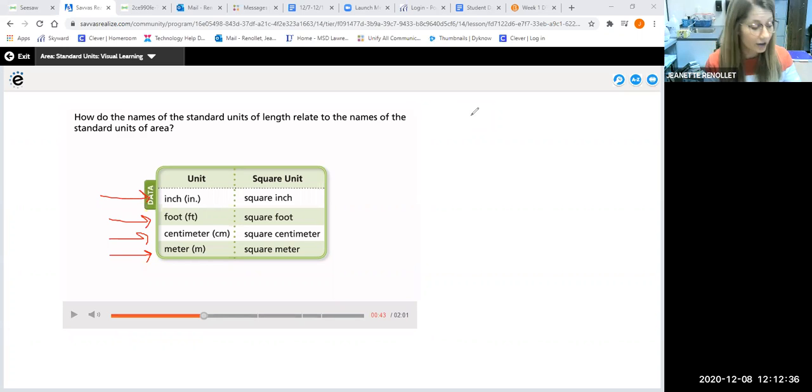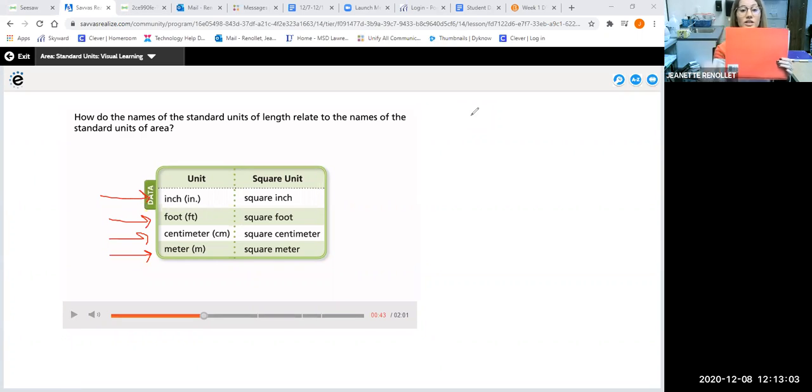When we measure the area, when we have a flat shape like this folder, the area is the space inside the shape. To measure inside the shape, we still need a unit of measure. So I could measure this in inches and find how many inches are inside using square inches.